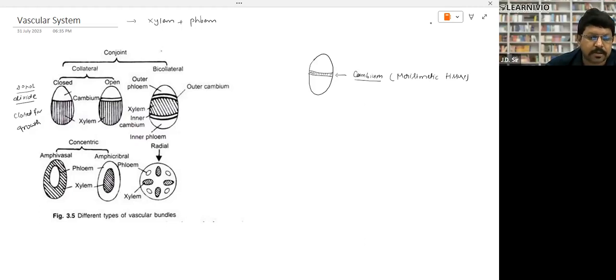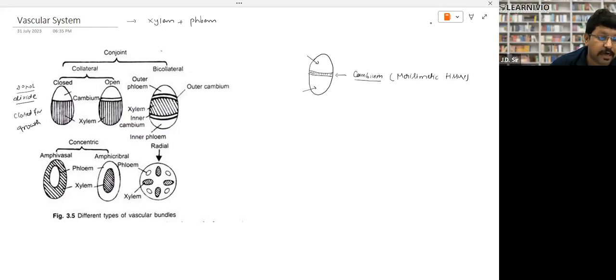What will happen? This cambium layer will divide. I want your 100% focus here, it's a very important topic. You know meristematic tissues are those tissues which have the capability of division.